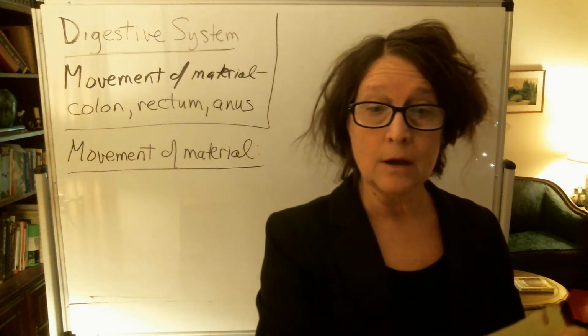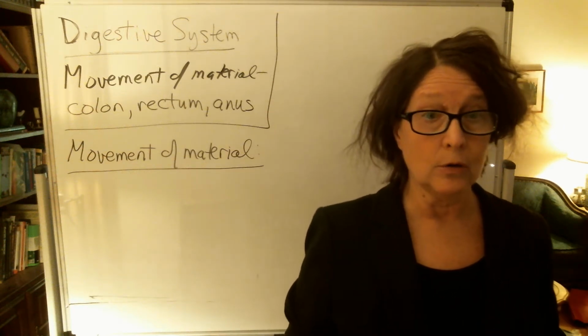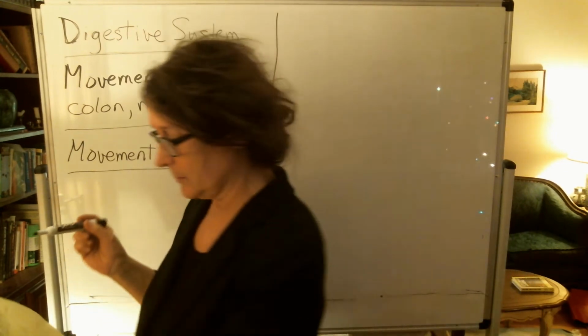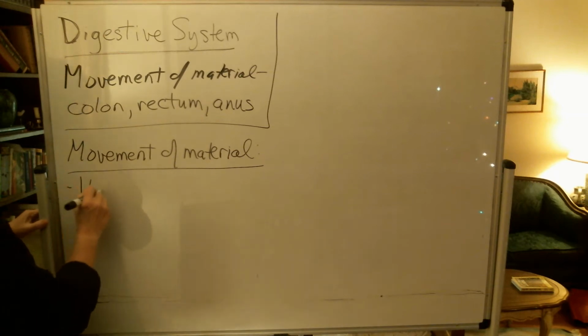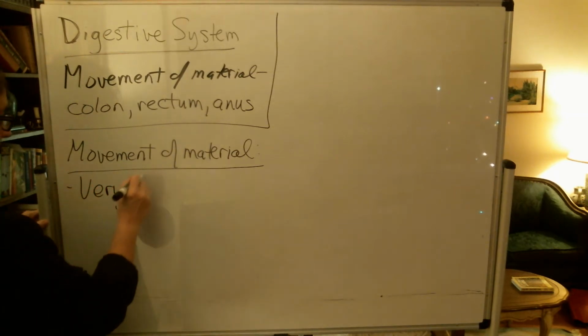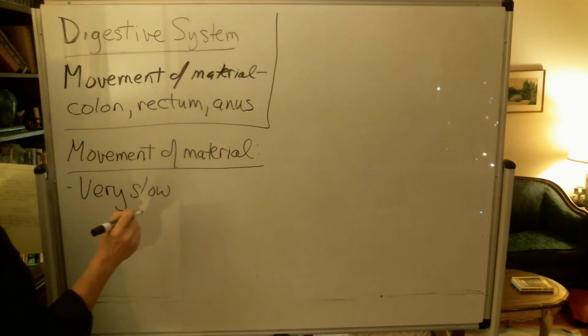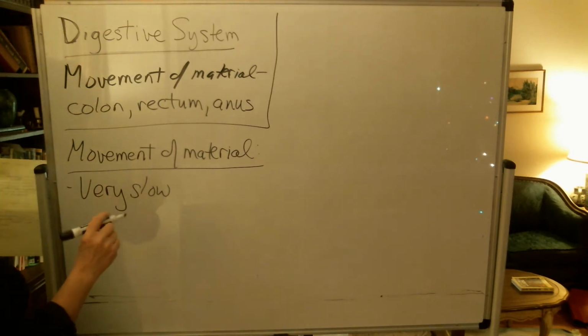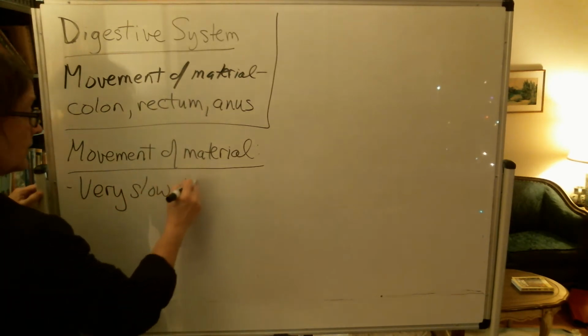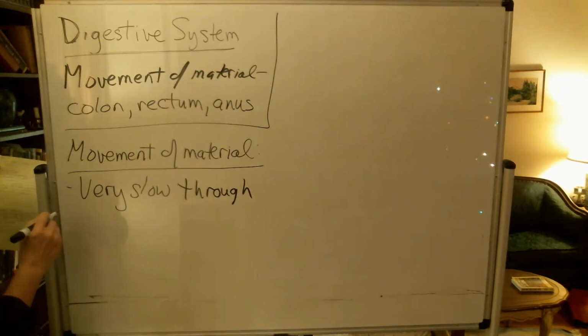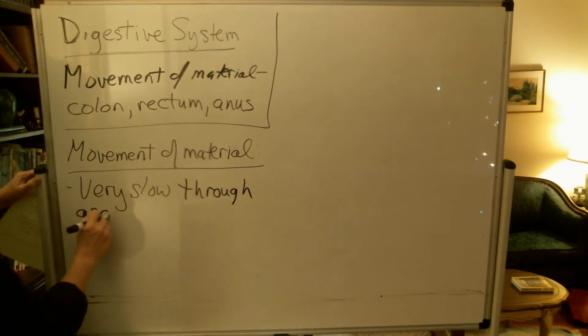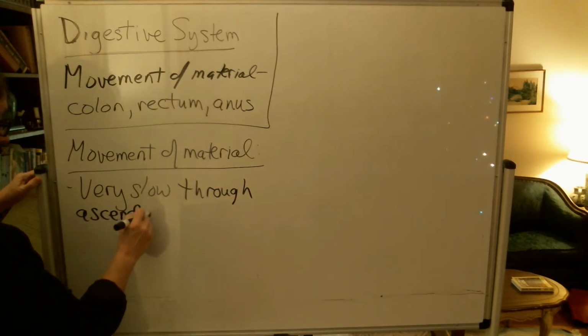This lecture is on the movement of material through the colon, rectum, and anus. So the movement of material then starts out very slow. The movement of material is very slow through the ascending colon.